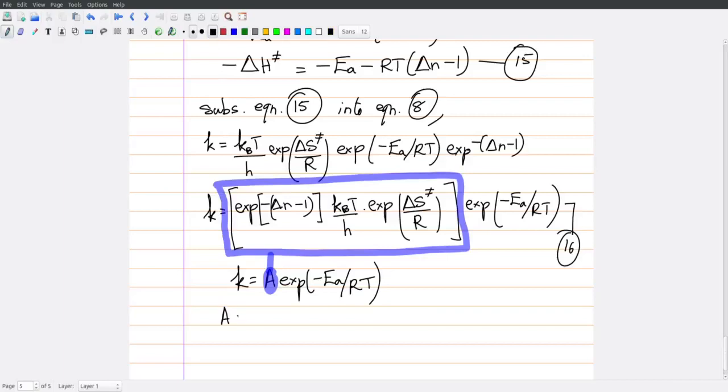A will be equal to exponential minus delta n minus 1 into kBT by h into exponential delta s dagger by r.